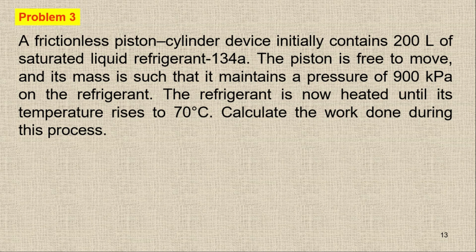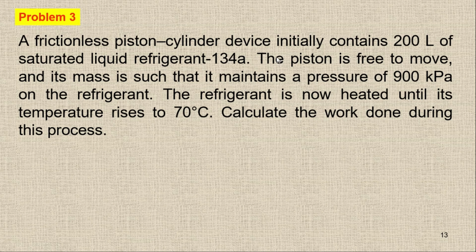What is this refrigerant 134A? This is a pure substance. Like water, you will get different pure substances in your course, and one of them is refrigerant 134A. For refrigerant 134A, we have tables A11, A12, A13, and you have to use them as we were using them for water.